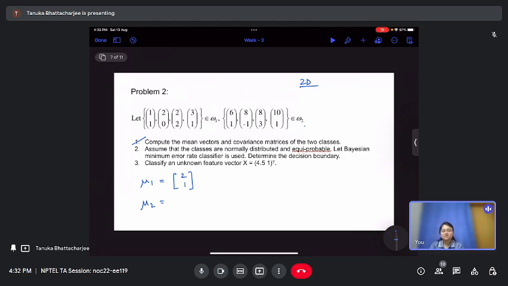Similarly, for class omega 2, the mean vector will be (8,1).